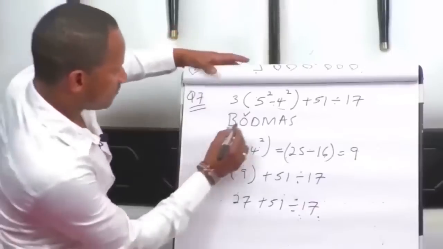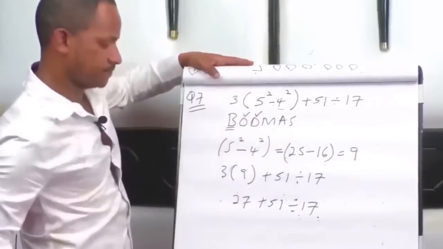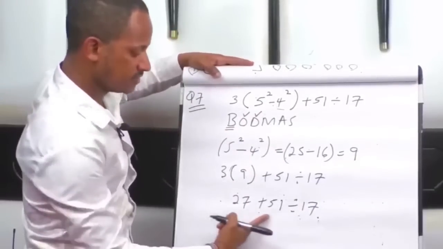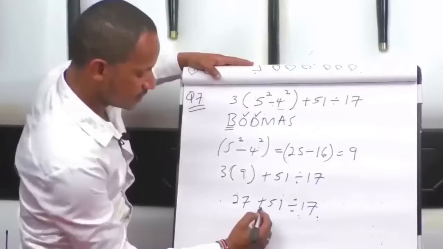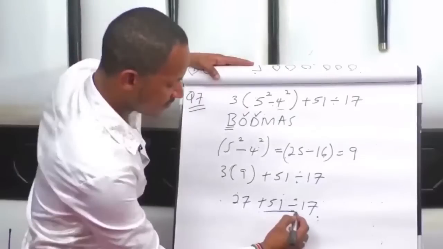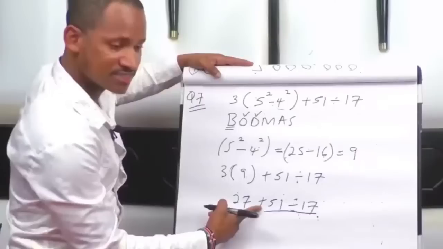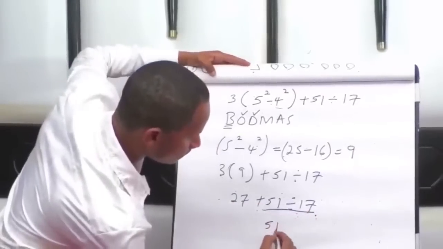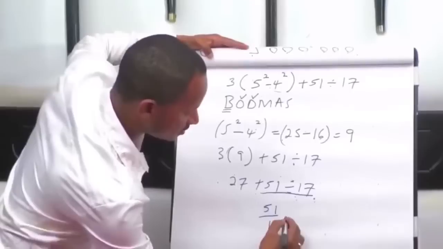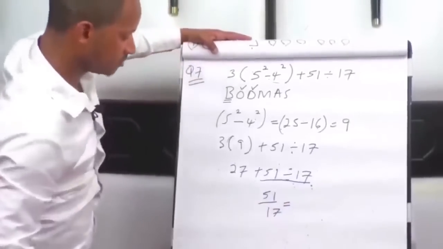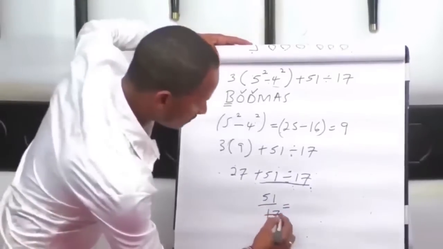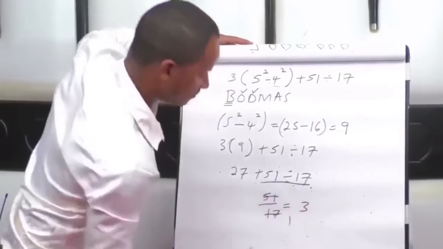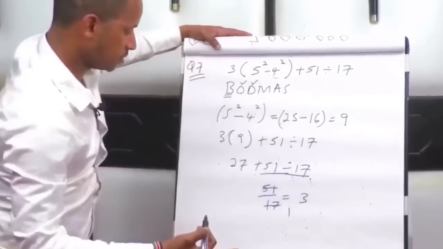We finish with of, then we go to division. So what is being divided here is 51 divided by 17. You take it with its sign. So we have 51 divided by 17. So you can use cancellation. So 17 goes here once, it goes here 3 times. Or you use long division.